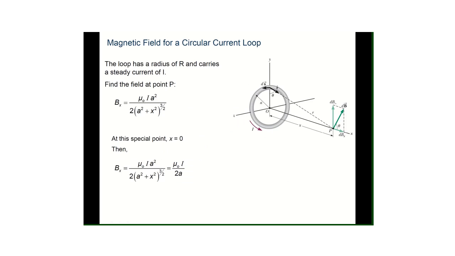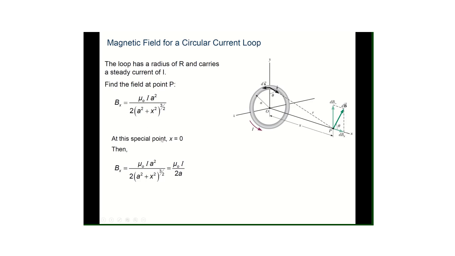The second example, you can also determine the magnetic field for a circular current loop like this. So let's say that I have a circular current loop and I want to find the magnetic field at the P position here. Using the Biot-Savart Law, you can find that the magnetic field at point P is equal to μ0 I a squared over 2 times (a squared plus x squared) to the power of 3 over 2.